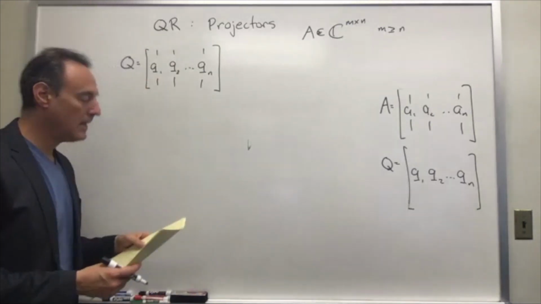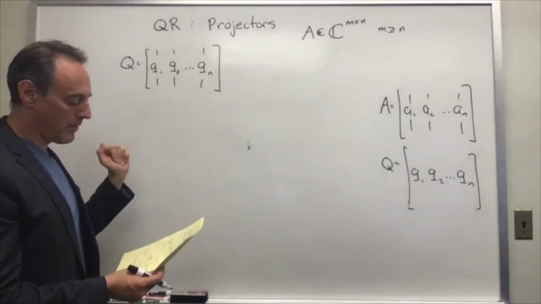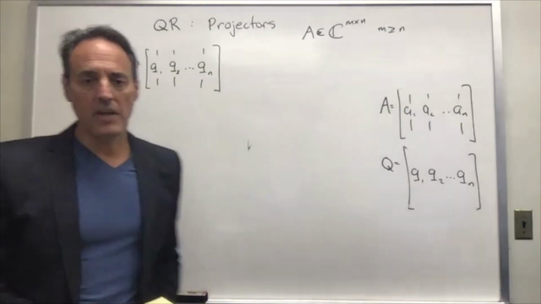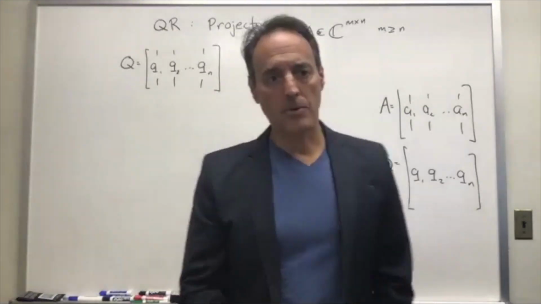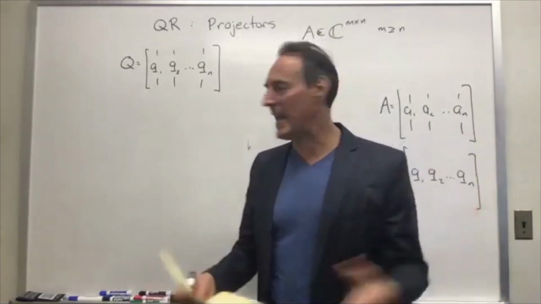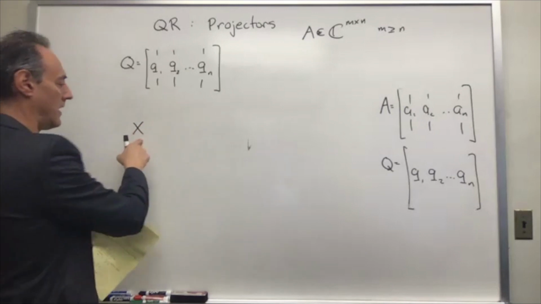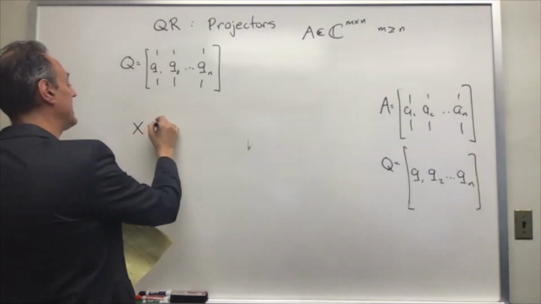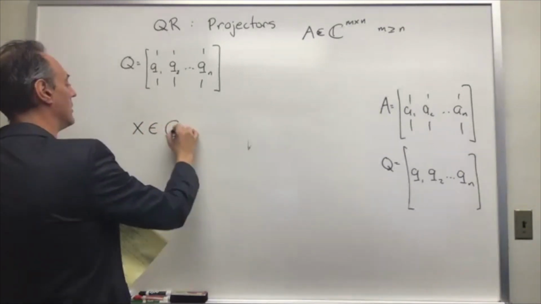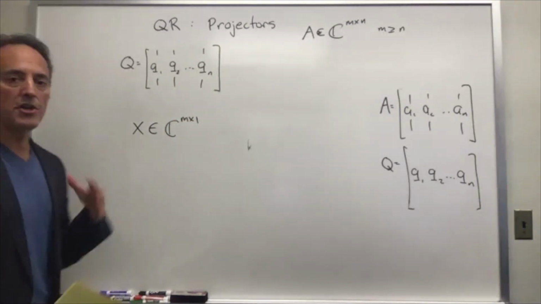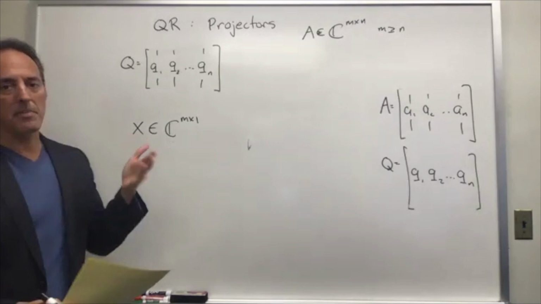All right. So now what I want to think about is that I have this spanning set, and I want to represent a generic vector X. Here's some vector X, generic, that sits as an m by 1, so it's a vector in the m-dimensional space.